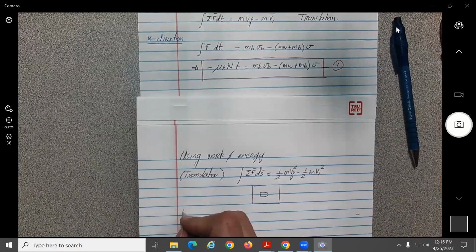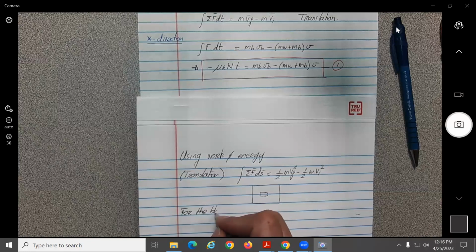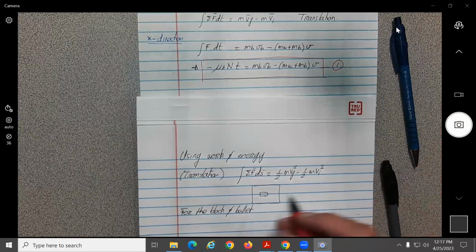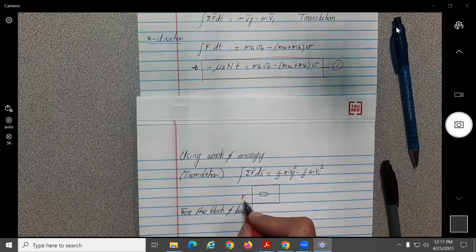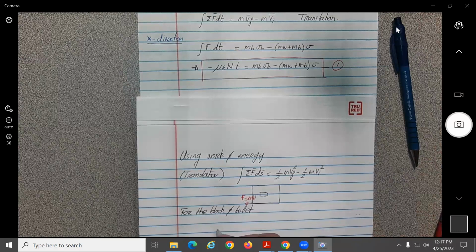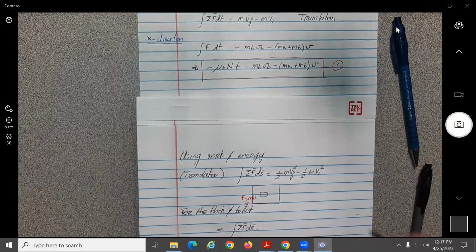So for the block and bullets, what we're going to have is the summation of forces dr. The initial will be 0.